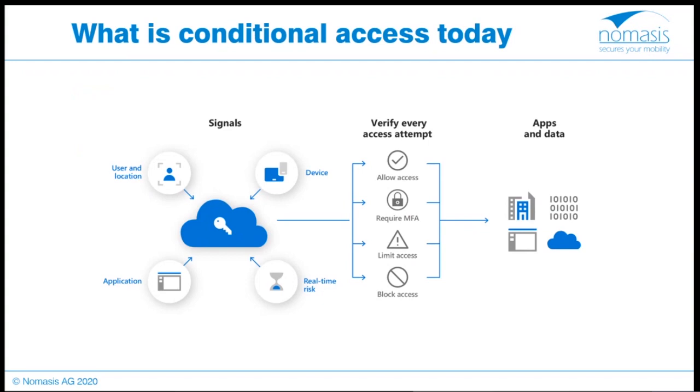So instead of having only one condition like this, we will use many signals and many conditions to verify every access. What is important to understand is that we don't really protect the network now, we protect the data directly. So we will check every access to any data to see if all the conditions are validated.